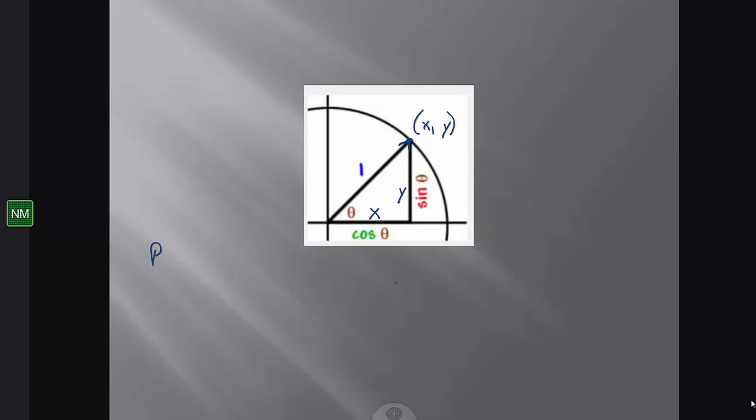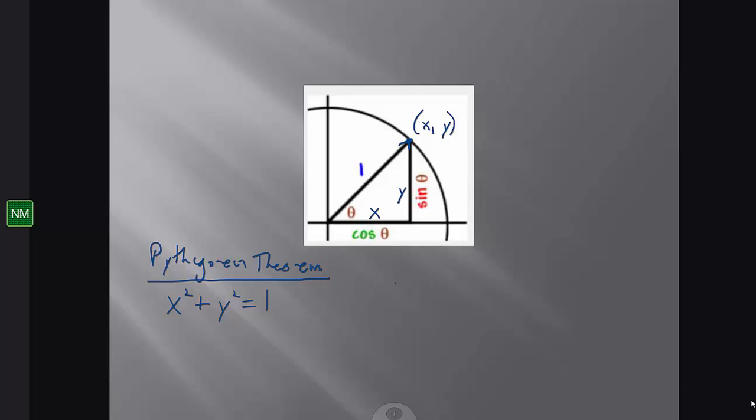But using the Pythagorean theorem, we know that x squared plus y squared must be equal to 1. In this case, we can add a little bit more to that. That gives us a Pythagorean identity instead of a regular identity, and the reason it's called a Pythagorean identity is it comes from the Pythagorean theorem.